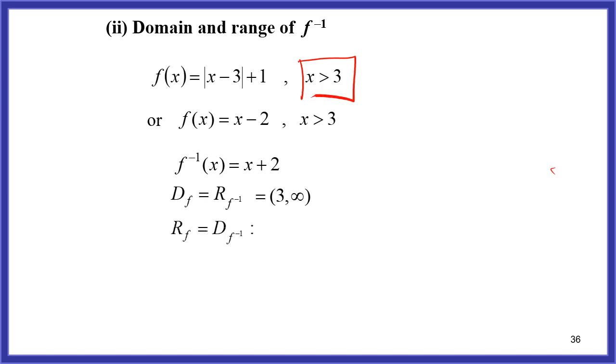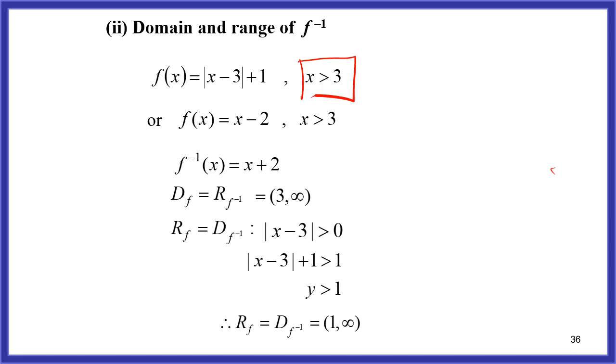And then the range of f, which is the same as the domain of f inverse: we know the absolute value is always more than or equal to 0, then add 1, so y is always more than or equal to 1. So the range for f is from 1 up to infinity, which is the domain of f inverse.